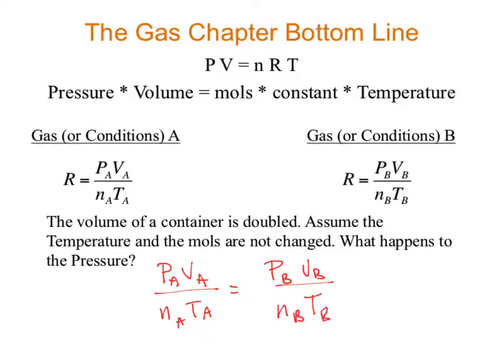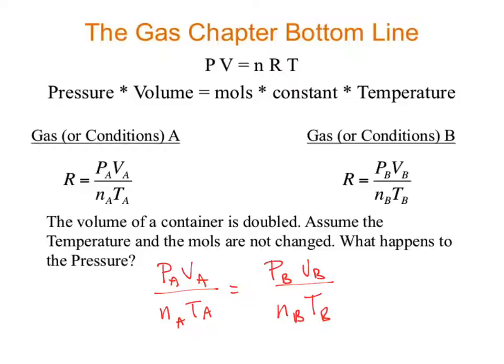Yes, go ahead. So the pressure and moles are always the same? Careful. Is the pressure always the same? No, the constant is always the same. If I change the pressure, what else is going to happen? The other things will change, not the constant. So if I double the volume of a container, what happens to the pressure?